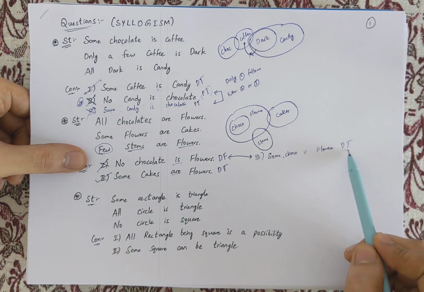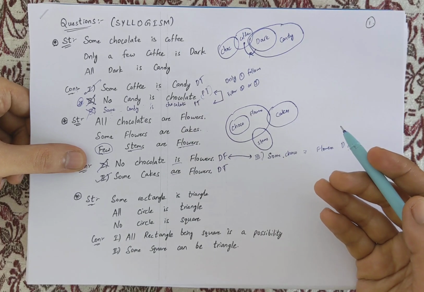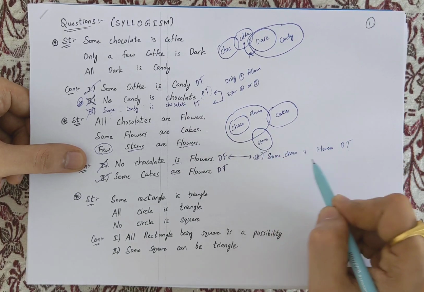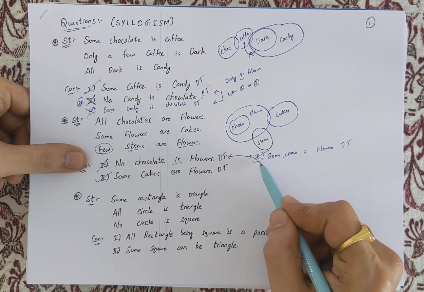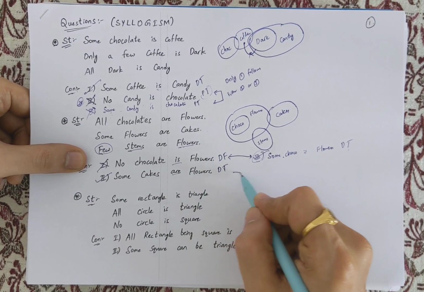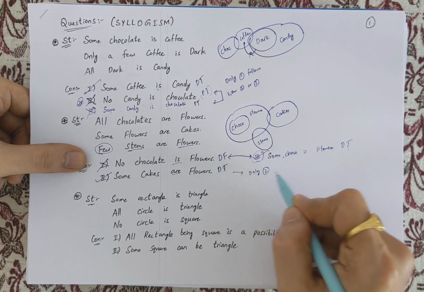If they are definite, it means that we are getting a definite answer, right? It is true, right? Hence we would be getting only 2 and 3 follows if they had given this statement. But here the answer is only 2 follows.